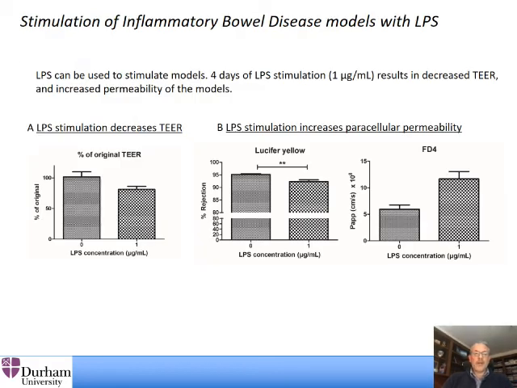So if we stimulate those immune cells within our model with LPS, we can induce the release of cytokines, which in turn affects the permeability of the epithelium, thus simulating aspects of the disease. So you see a decrease in the resistance across the epithelium and an increase in the permeability of certain markers, such as FD4.